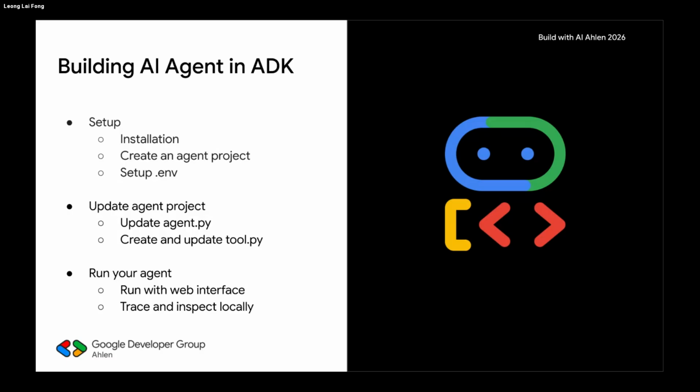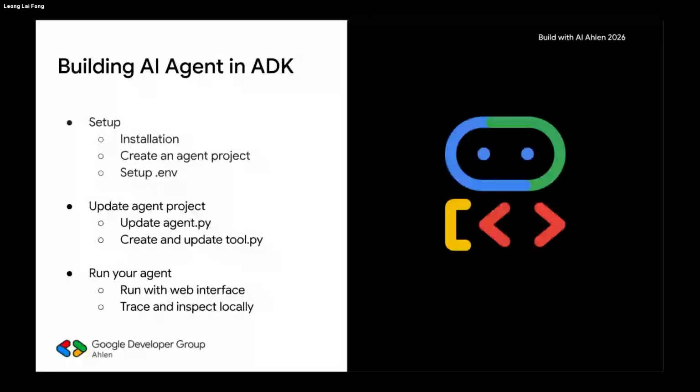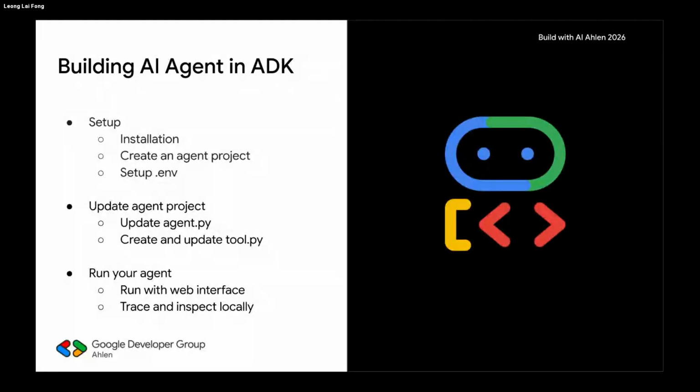If you are not familiar with the ADK, we will go through the setup steps, including the installation, how to create the agent project, and setting up the environment. And of course, the main part will be how we can code the agent and connect it to an external tool.